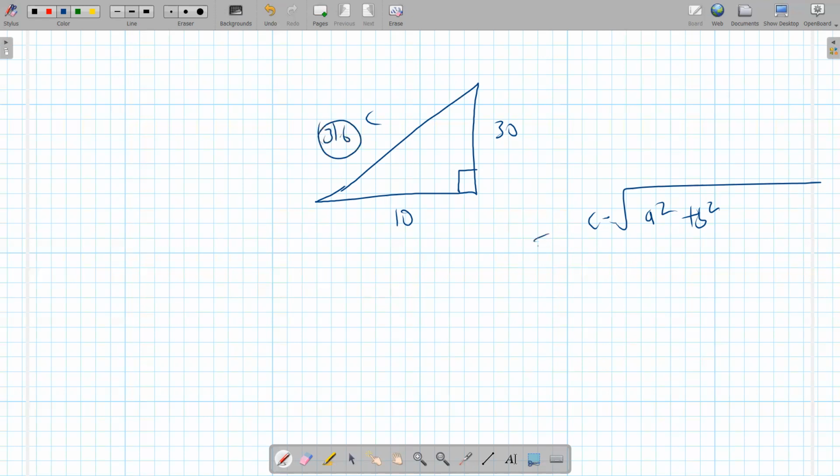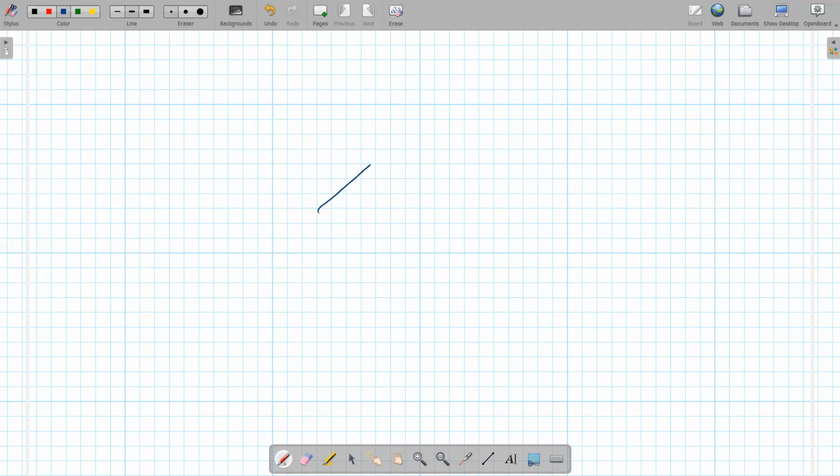Okay, now I'm not gonna give you this anymore. I'm gonna come up with something like that. Let's say this is 40, this is 10. What is this? You just have to take into account which side is missing. If the C is missing, then you add. If either A or B is missing, then you subtract.